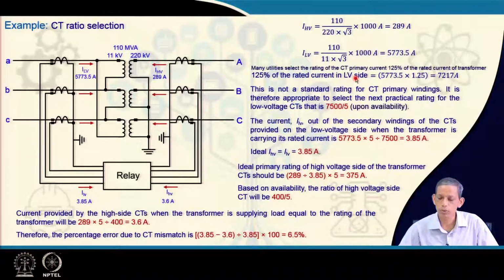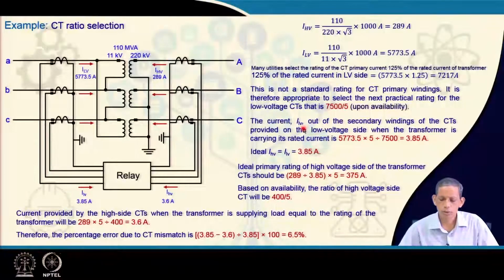For the low voltage side, 5773 times 1.25, that is 125%, becomes equal to 7217 ampere. But we may not get an exact CT of that value, so standard ratings will be there. Let us assume that, upon availability, this becomes a 7500 is to 5 CT for the low voltage side.